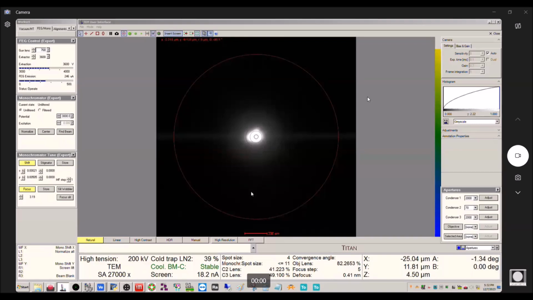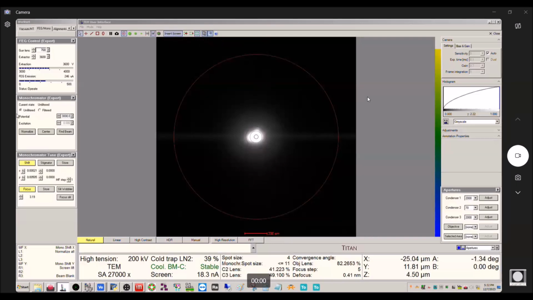So once we turn on the monochromator and tune it up and focus it, this spot will basically spread out into almost a line. It's not an infinitely long line, its intensity peaks in the middle, and then it diffuses out as you move away. But that's ultimately what we're going to get.